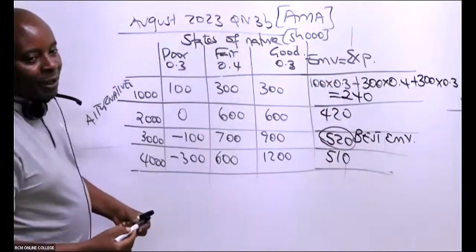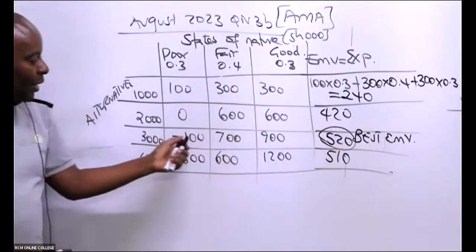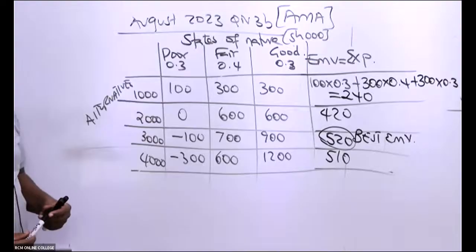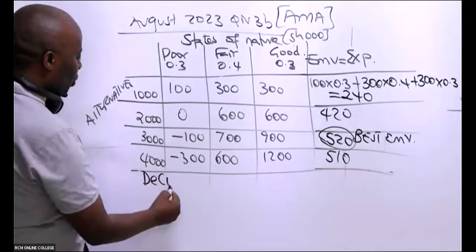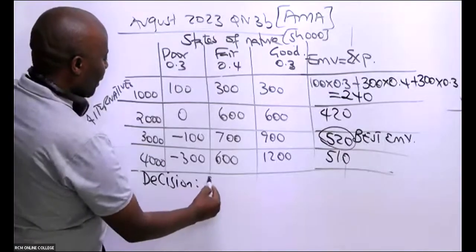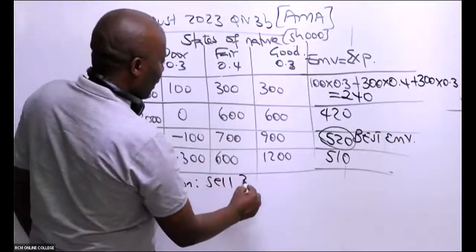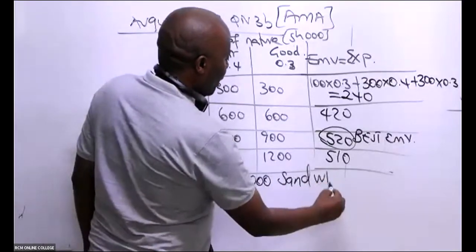And if it is the best, then we are advising these people to sell how many? 3,000 sandwiches, yes. So the decision here is to sell 3,000 sandwiches.